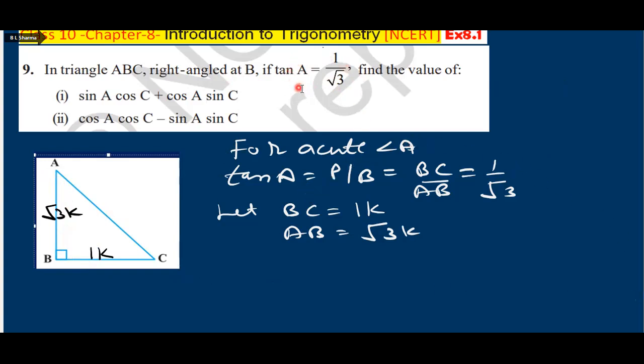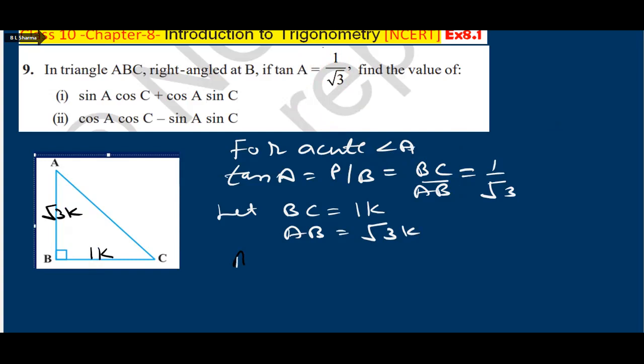And AC is hypotenuse, then AB is base, so AB is base here. Perpendicular upon base दे रखा है 1 upon root 3. If perpendicular is 1K, then base will be root 3K. Using Pythagoras theorem, we can find out the remaining third side AC, the hypotenuse.